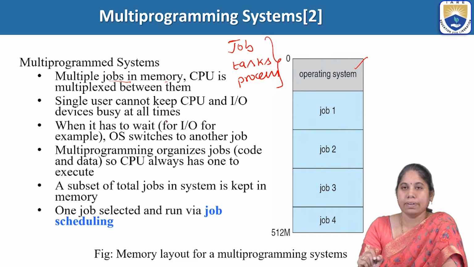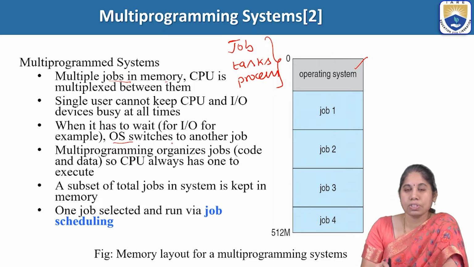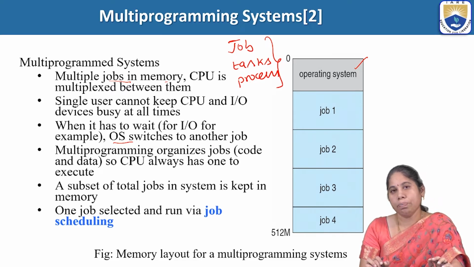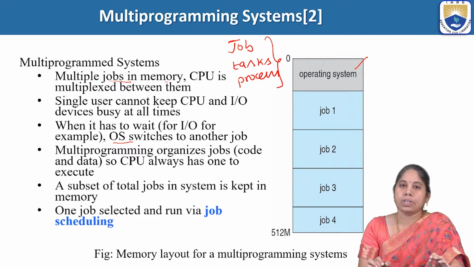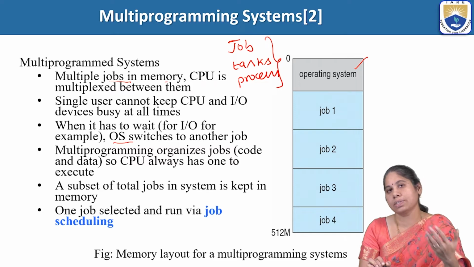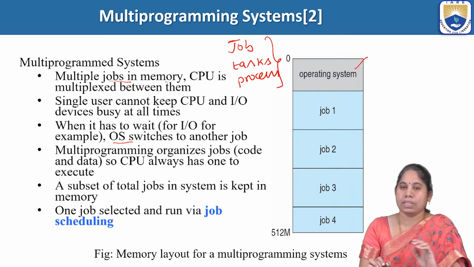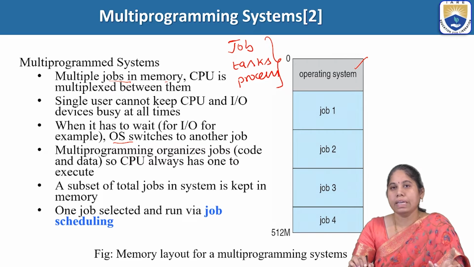When a job has to wait, for example for input-output, the operating system switches to another job to keep the CPU busy. You may have observed in your own program that you wait for input before executing further; at that time the operating system switches to another job to make the CPU efficient.